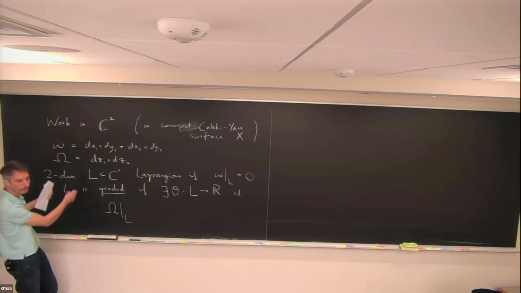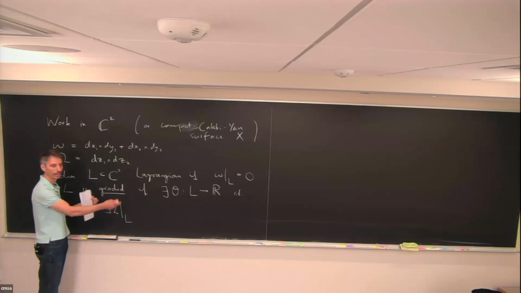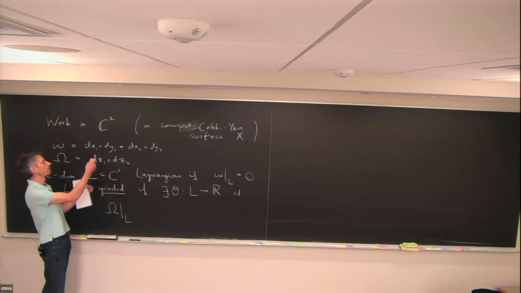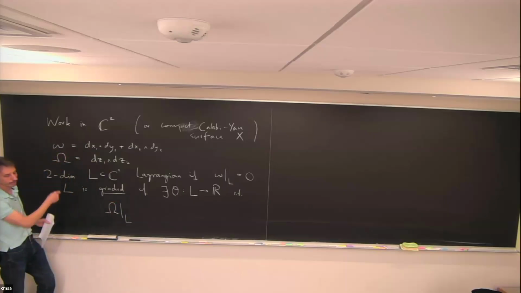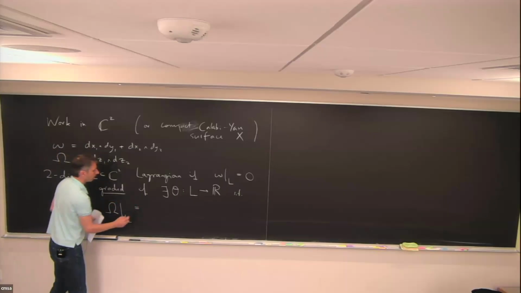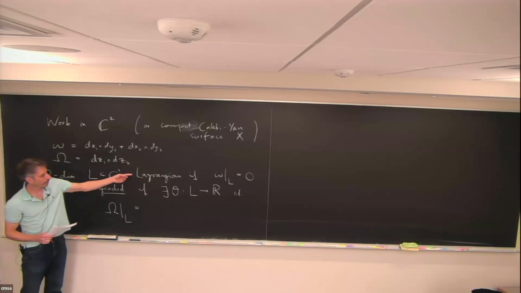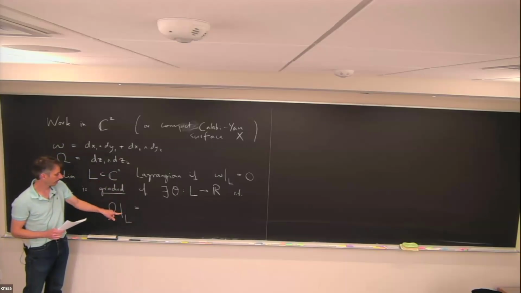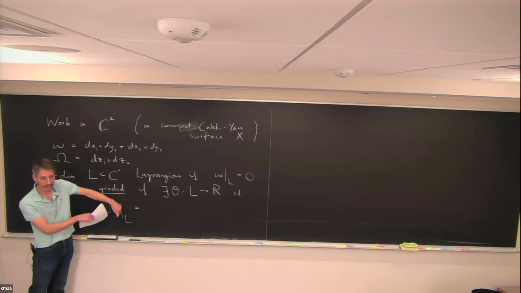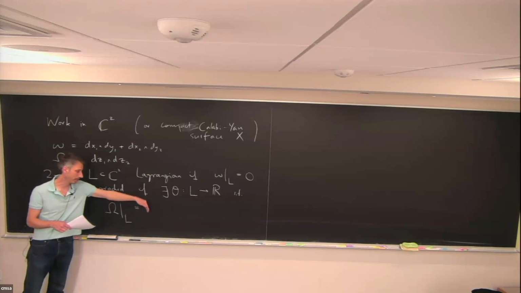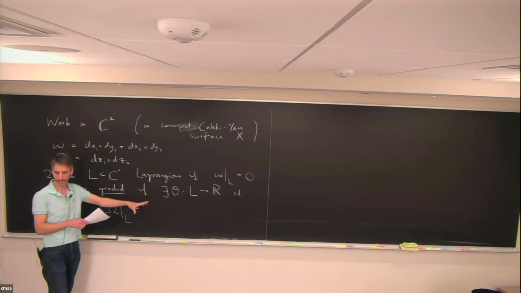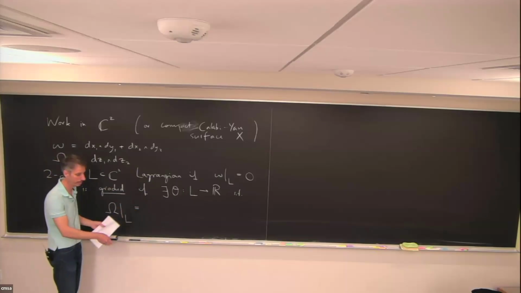Let's say L should be oriented. So you have a natural area form from it just being a nice submanifold of C2. It turns out that being Lagrangian is equivalent to saying that this holomorphic volume form restricted to L is at each point a unit complex number times the Riemannian area form.